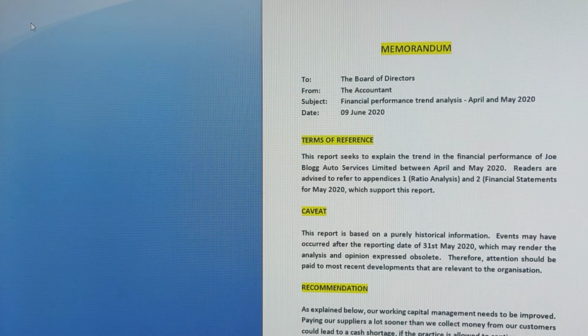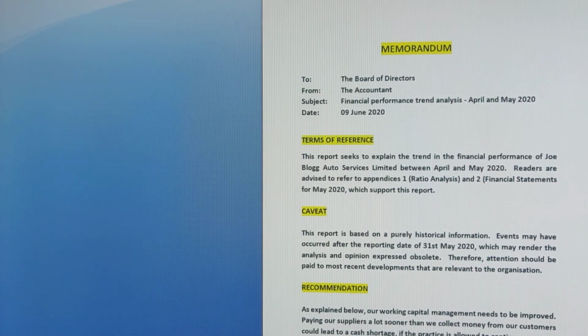Okay, you also have to explain to them that the impact of the COVID-19 outbreak on the company performance should be mitigated by taking advantage of available government support for businesses. Joining the government job retention scheme will result in an inflow of cash to fund salary payment while our staff are furloughed. Okay?